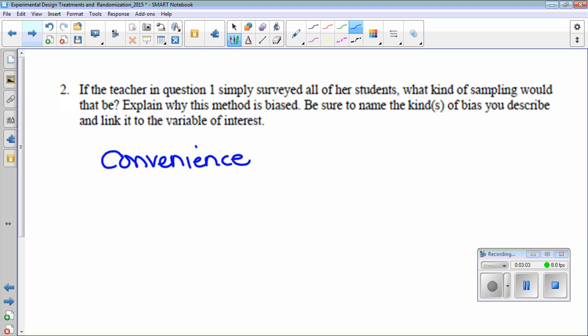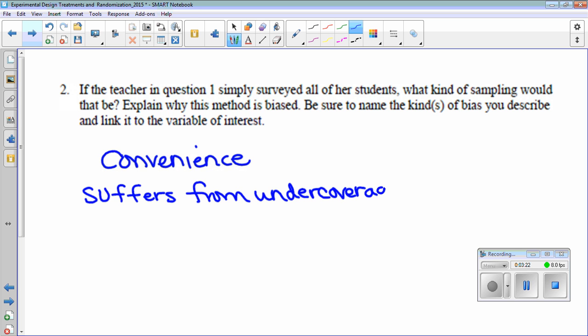Go ahead. What does a convenience sample always suffer from? What kind of bias? Undercoverage. Convenience is a type of sampling that suffers from undercoverage bias.